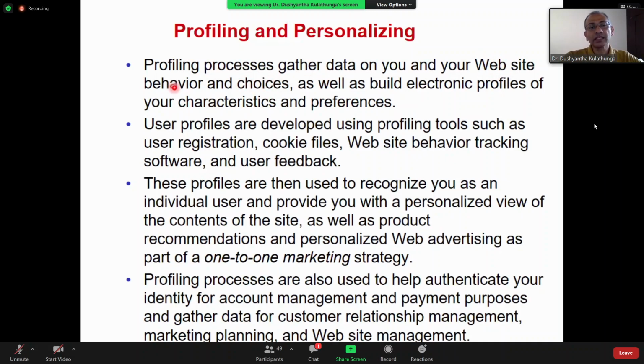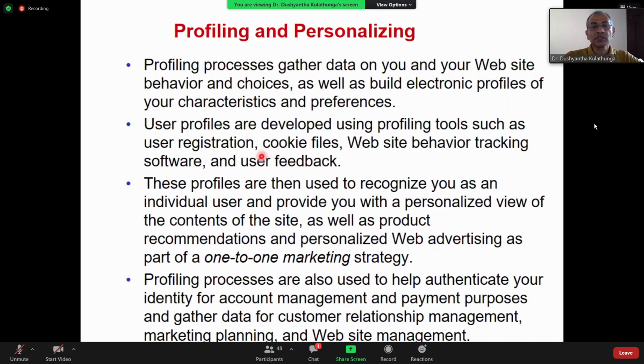So when you go to a website, you may do different things there. You may search different things there. So those will be captured through this particular software. And also user feedback can be used to get data to build the particular profile about you.